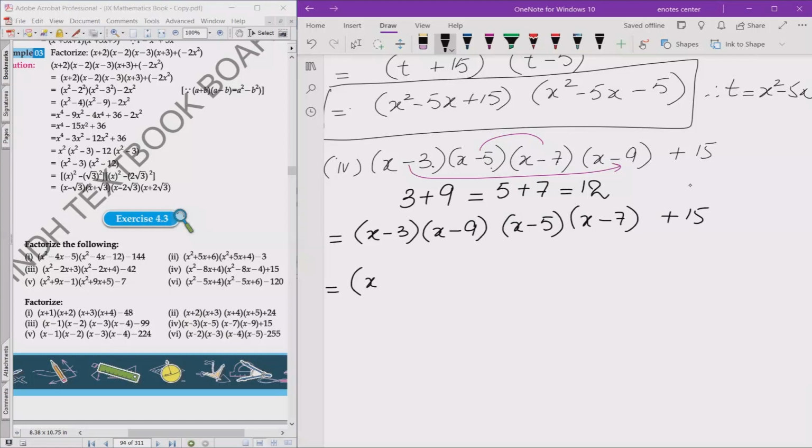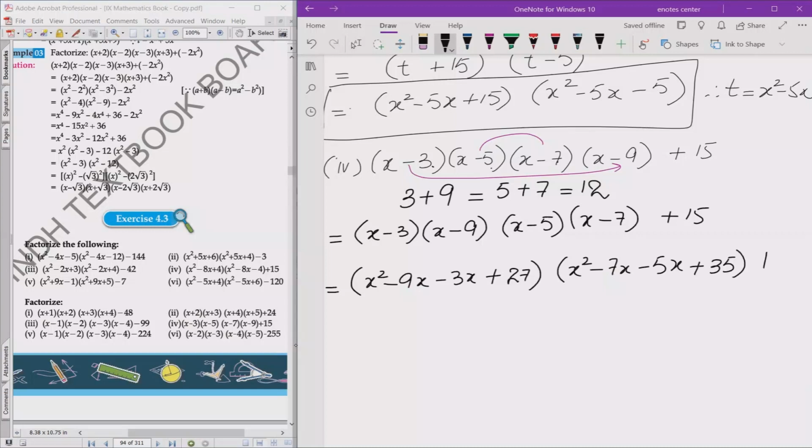Now we will multiply: x squared minus 9x minus 3x, minus minus plus, 9 3s are 27. x squared minus 7x minus 5x, minus minus plus, 5 7s are 35, and this one is plus 15. Now we will simplify: x squared minus 12x plus 27, and x squared minus 12x plus 35, plus 15 here.